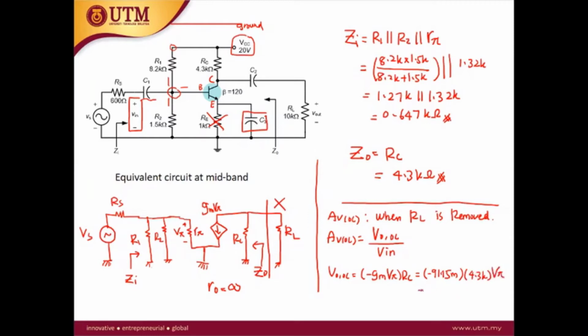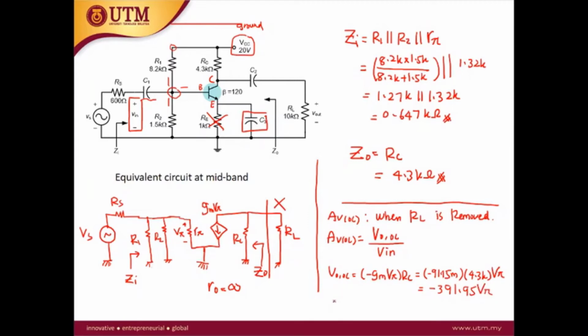You will get minus 391.95, as a function of V pi.